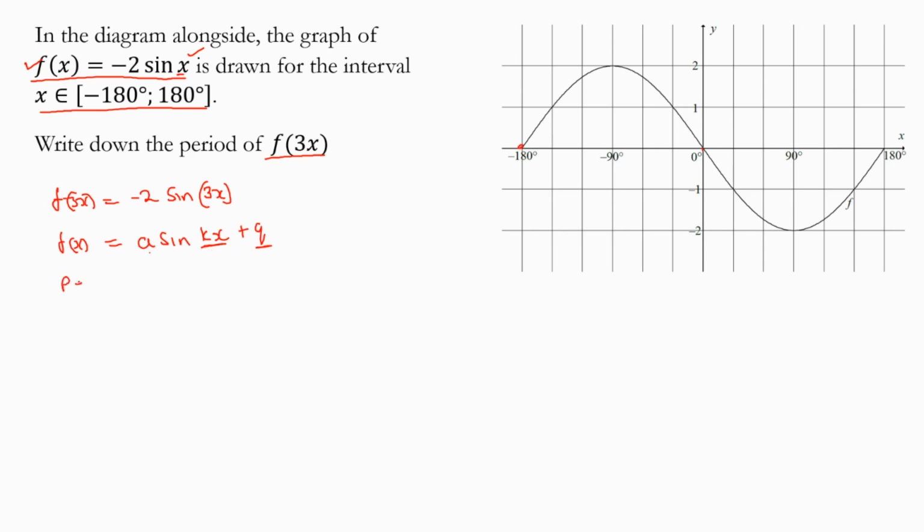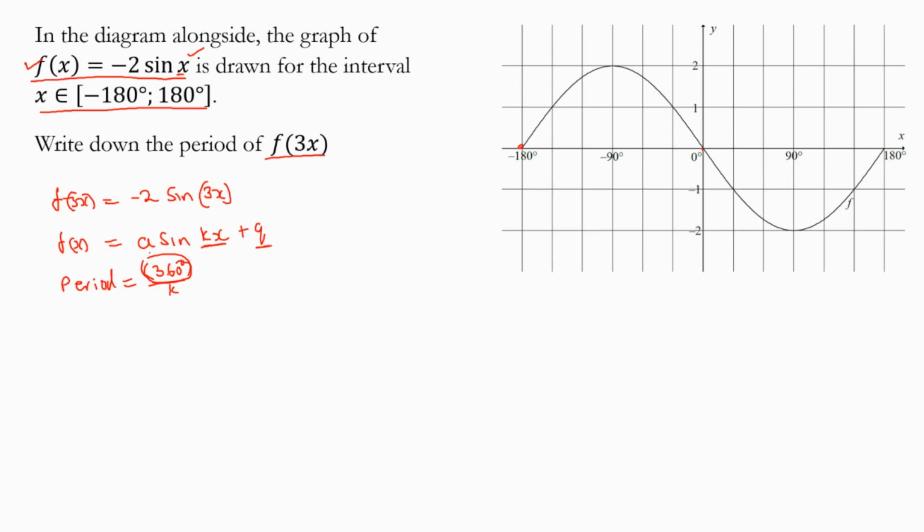So period is equal to 360 divided by k. This 360 varies, isn't it? It depends on the graph you're talking about. Our graph of f of x has a period of 360 degrees, so that's why I'm having 360 there.